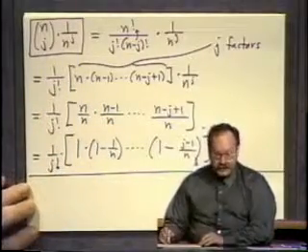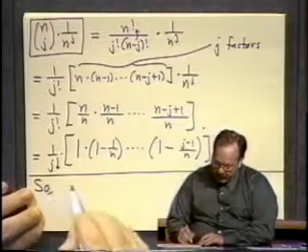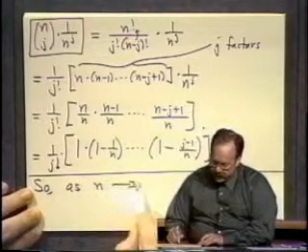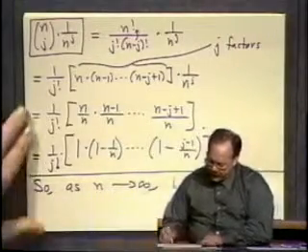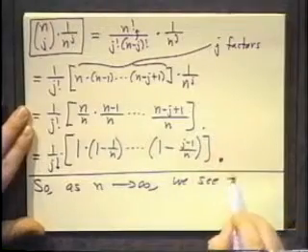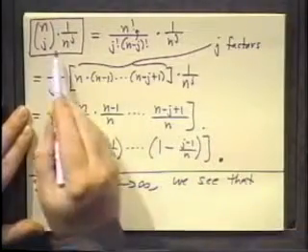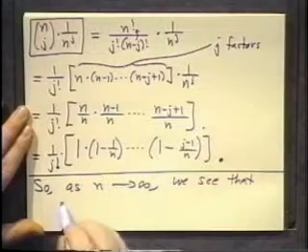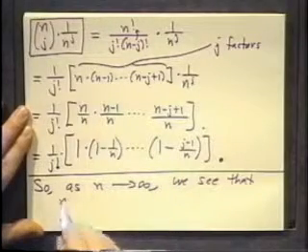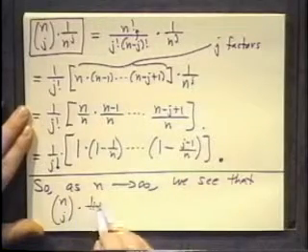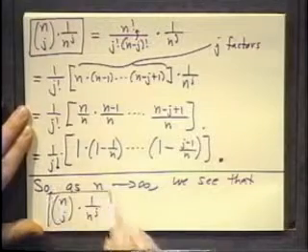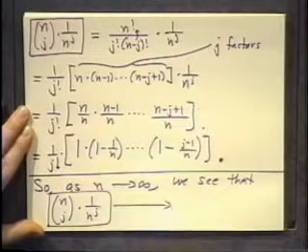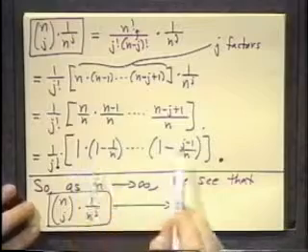What was the advantage to doing that? As n goes to infinity, the original object, n choose j times 1 over n to the j, approaches, well, what happens here?